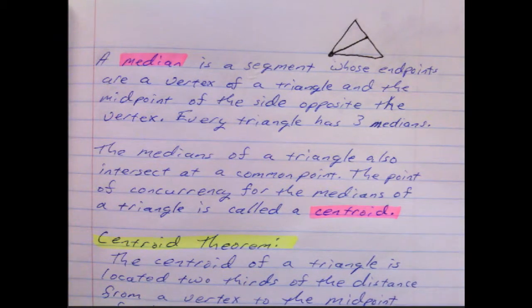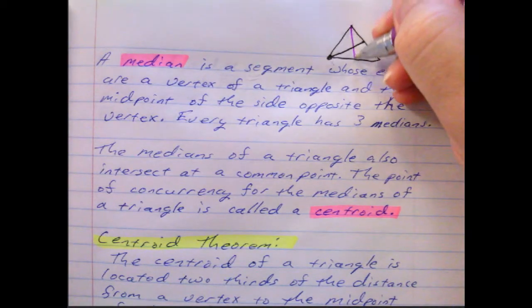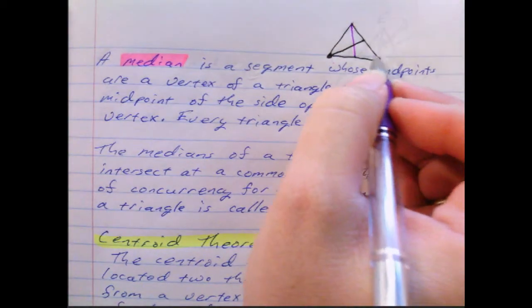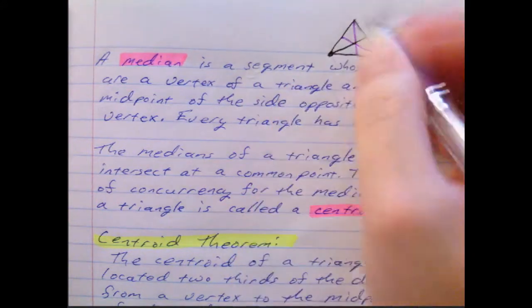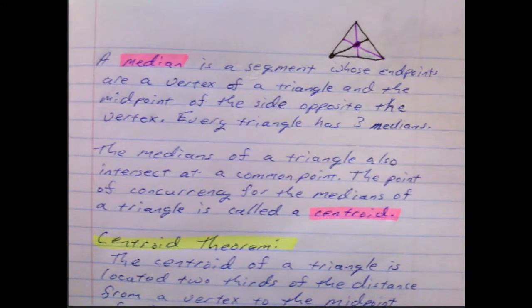The medians of a triangle also intersect at a common point. The point of concurrency for the medians of a triangle is called the centroid. So where we have all three of them meeting, I could go ahead and draw the rest of these. And that point right there would be our centroid.